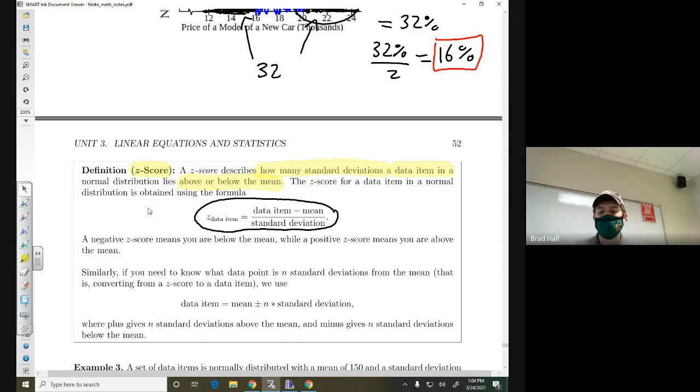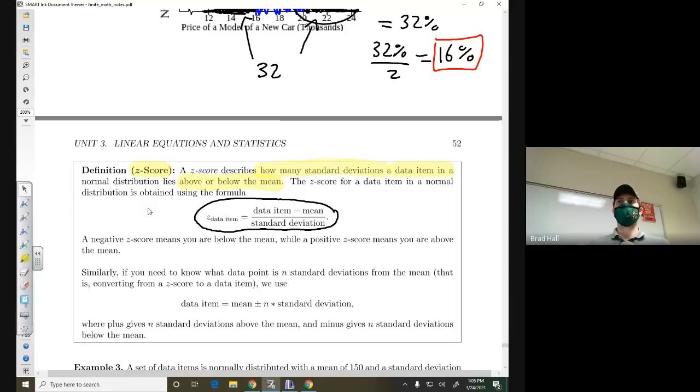So in this class, if I were to take everybody's ages, I could find the mean of everybody's ages, guessing it would be 19 or 20, and the standard deviation, which would probably be maybe 2. But every individual person would have a corresponding z-score.